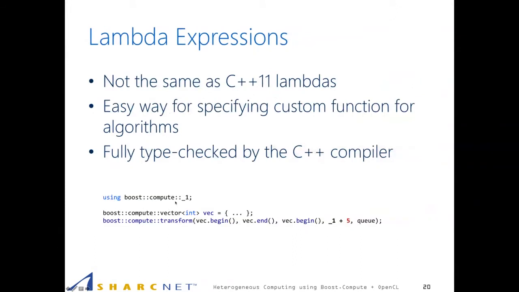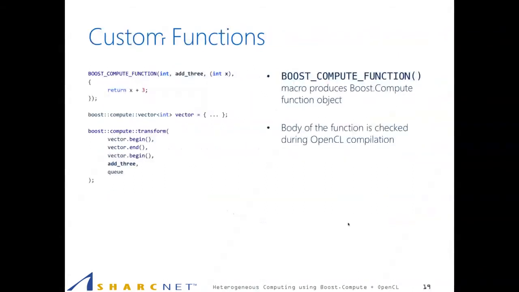You say that the argument passed to the function or lambda is named _1, and then later you can use that to add the number 5 to it. So it's good for simple operations, but for more complicated ones, you may decide to use a Boost.Compute function, for example.